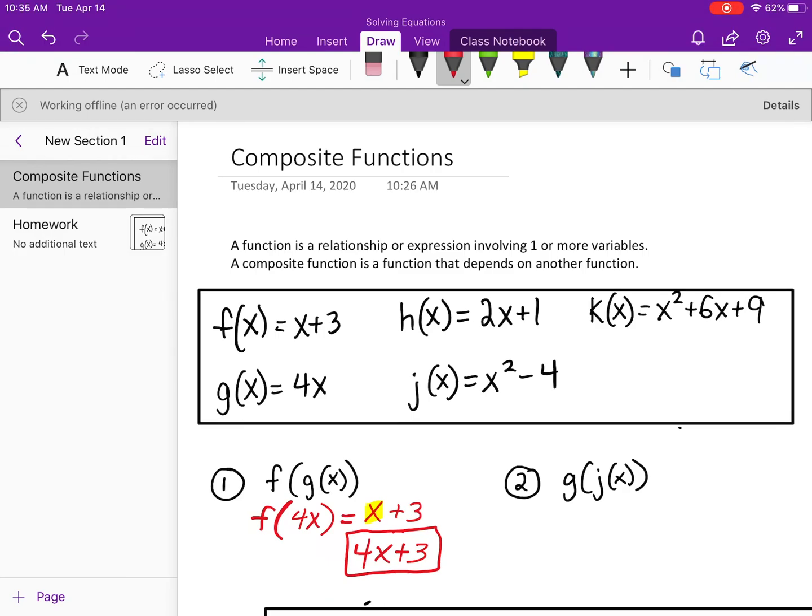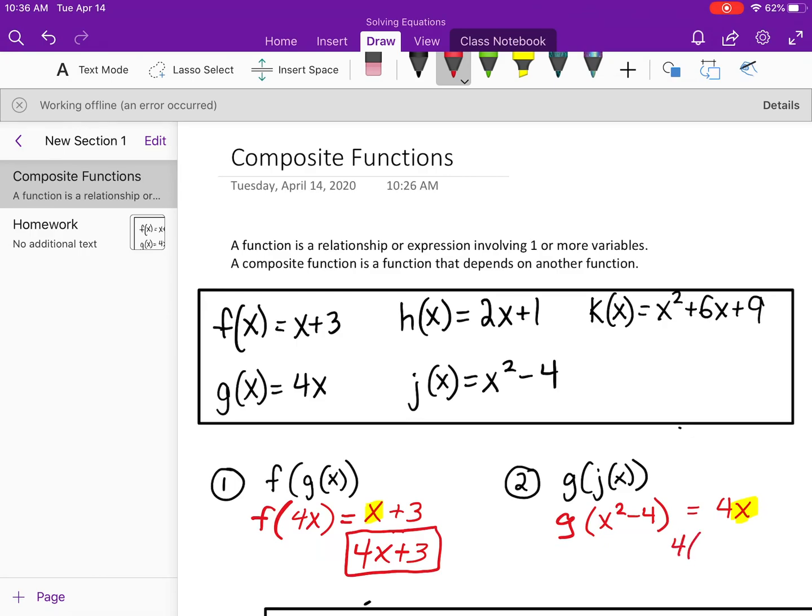Next one, a little bit different. I've got g of j of x. So we're still looking at the function g of x, but now it's on the outside. That means I'm going to take j of x, which is x squared minus 4, and put that in the function g of x. And if g of x is 4x, then I'm going to take out this x and put x squared minus 4 in for x.